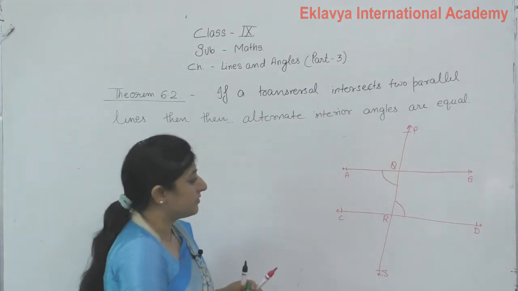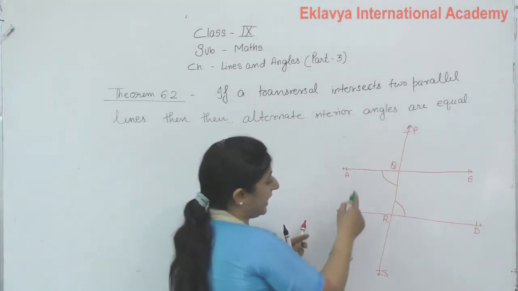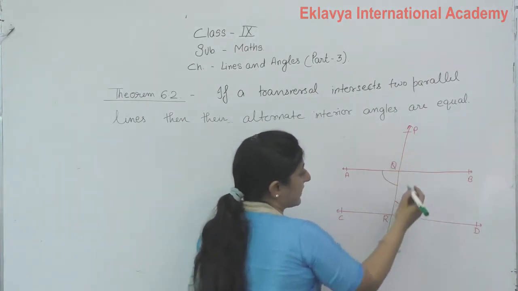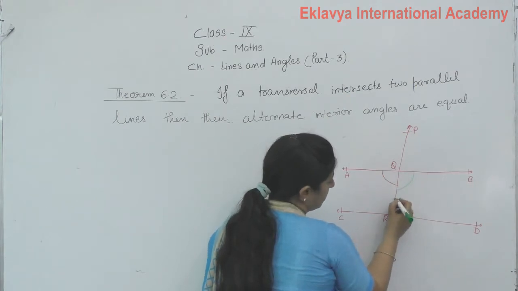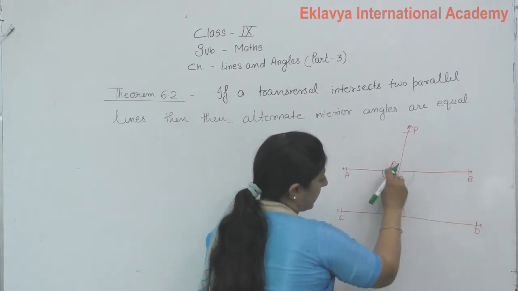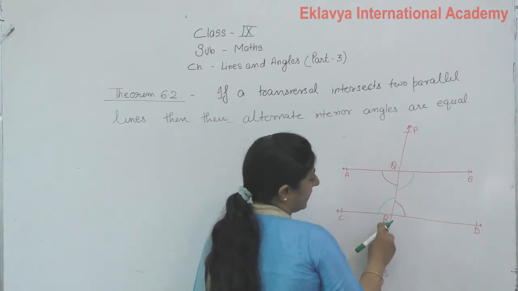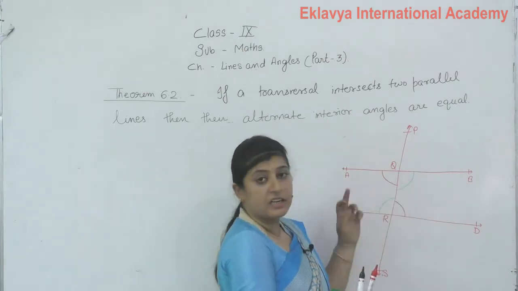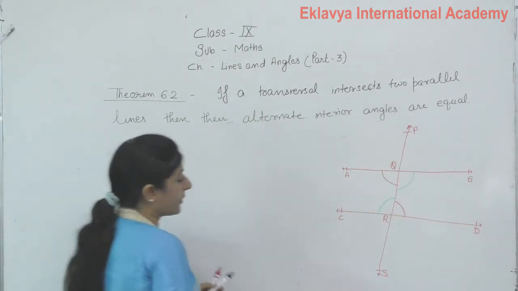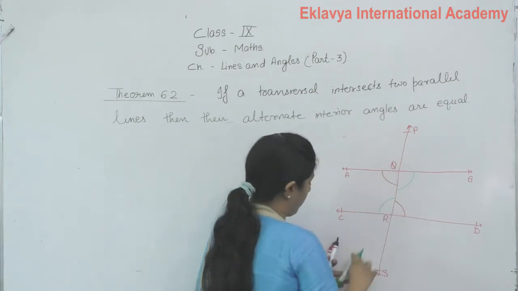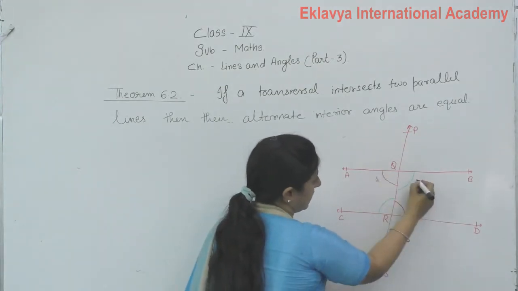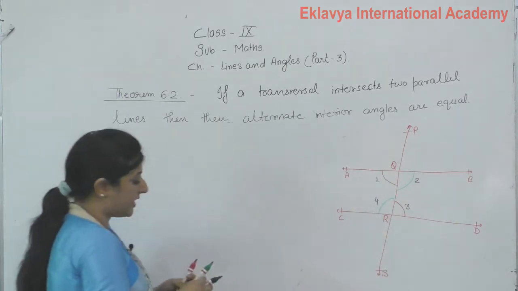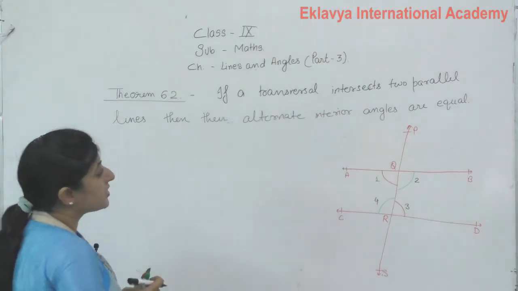One combination is angle AQR equal to DRQ. Second combination, DQR equal to CRQ. We have to prove these angles are equal. You can take 1, 2, 3, 4. It means angle 1 is equal to 3 and angle 2 is equal to 4.